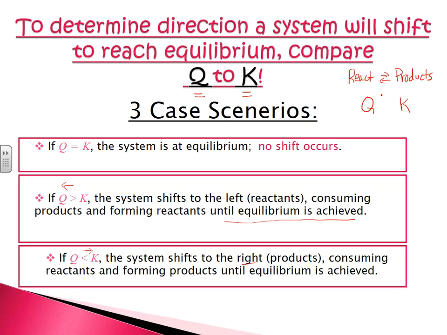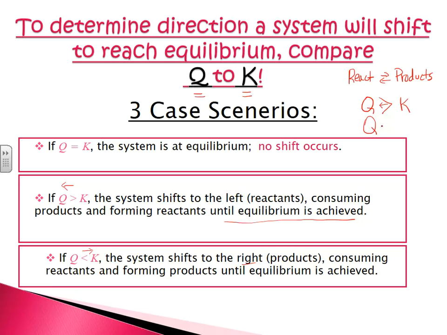If Q is greater than K, I always remember that it shifts towards the direction that this greater than sign is open towards. So it shifts this direction, to the Q. It shifts to the side that this is open towards. So in this case, it's open towards the Q side, which is the side the reactants are on.